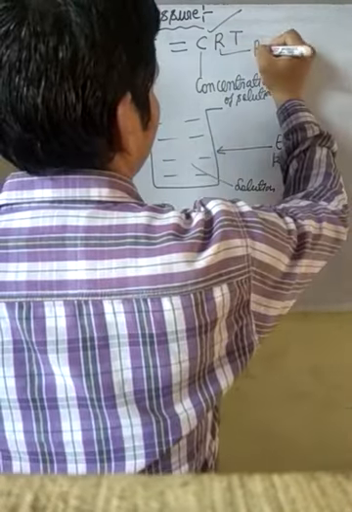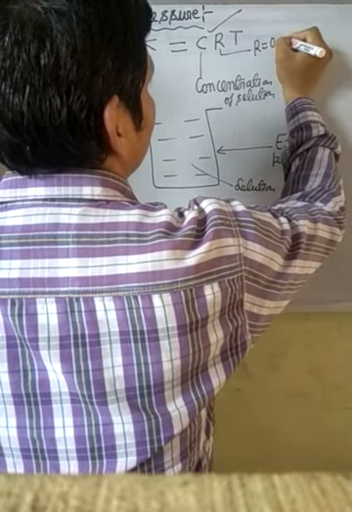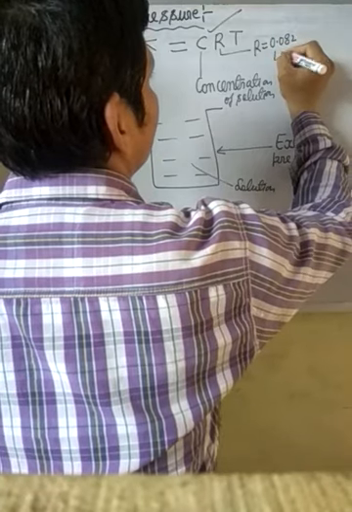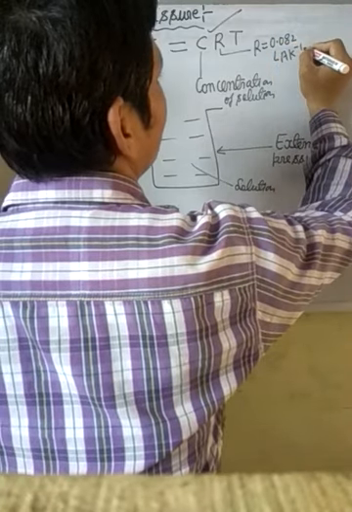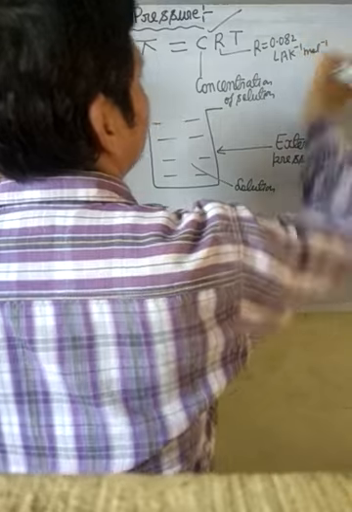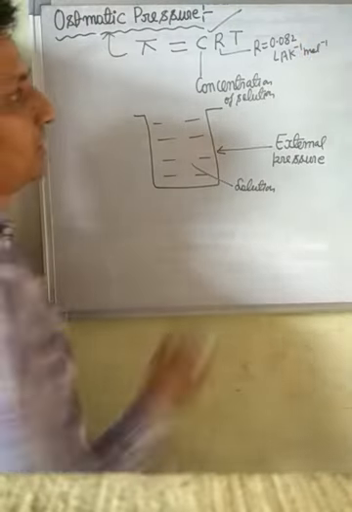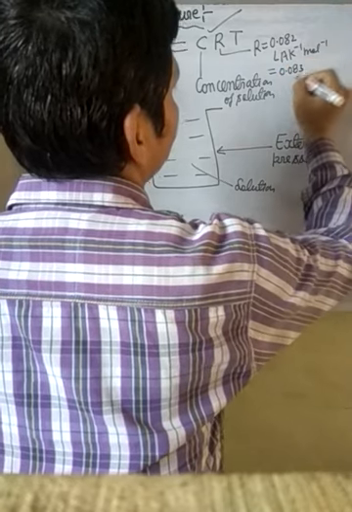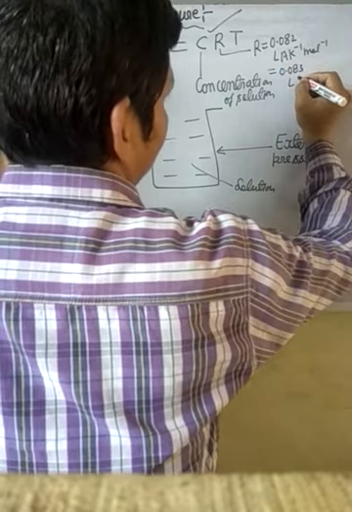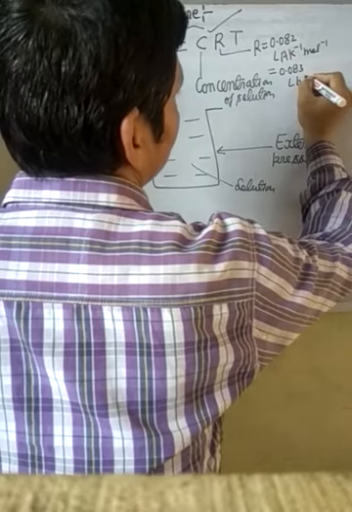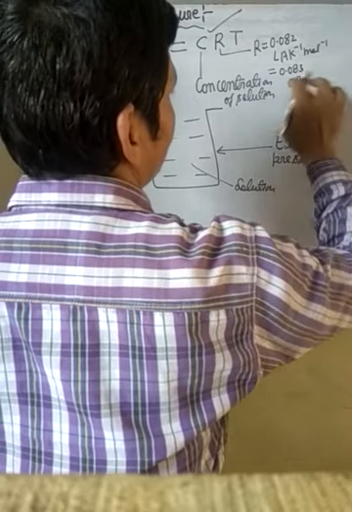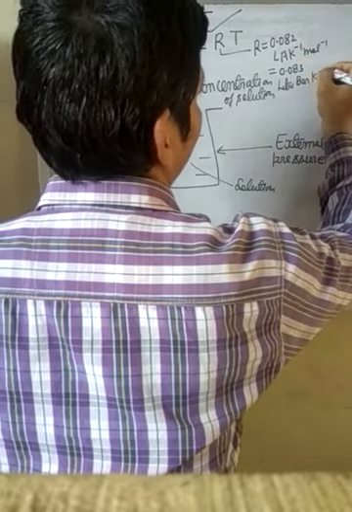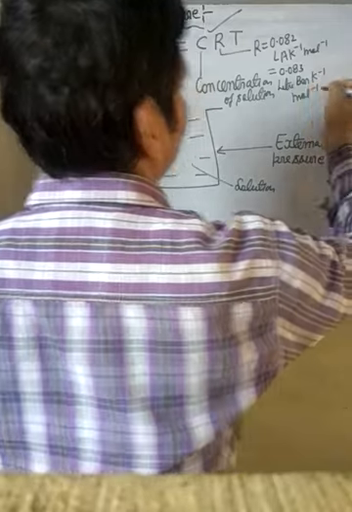Value of R gas constant is 0.082 liter atmosphere Kelvin inverse mole inverse. Okay student, other value of R is 0.083 liter bar Kelvin inverse mole inverse.